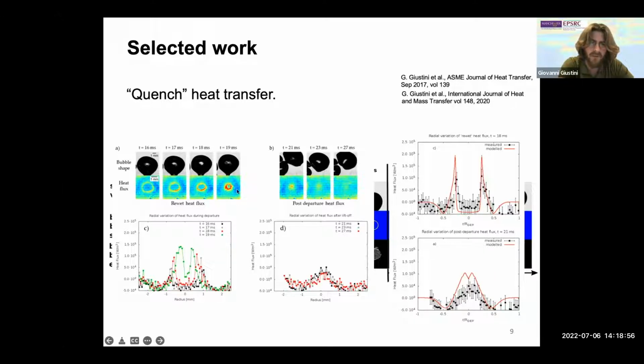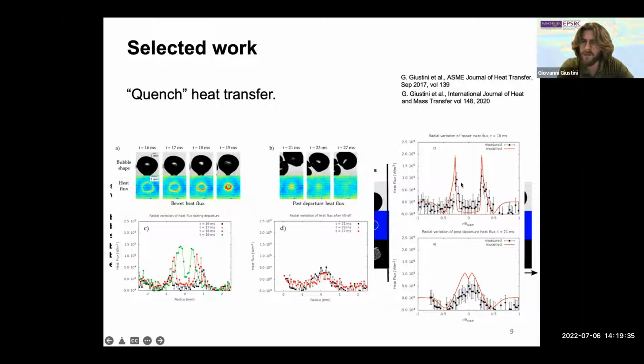These rows of colored images here are a reconstruction of the heat flux at the solid from infrared camera images, and in the row below, these are the corresponding heat flux profiles along a line cutting through the measurement plane. The interesting bit is that if we compare directly, time after time, the measurement of the heat flux and the heat flux from CFD simulation, which is shown in the images on the right, we get very good agreement.